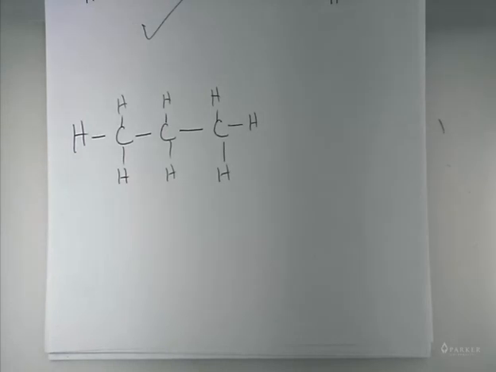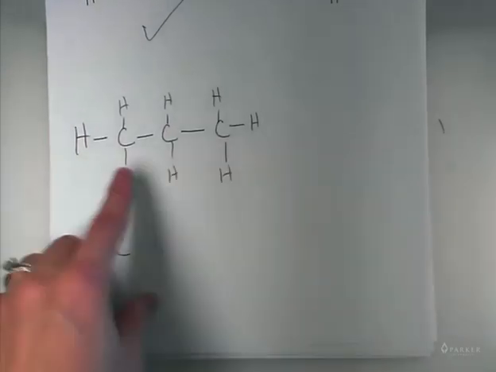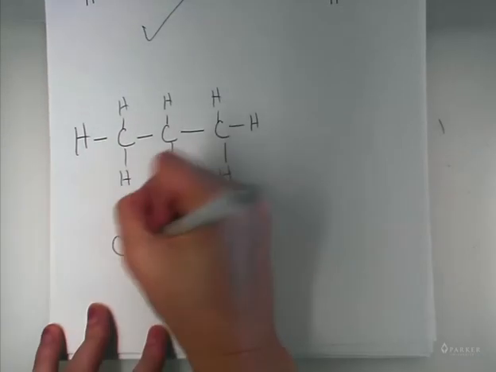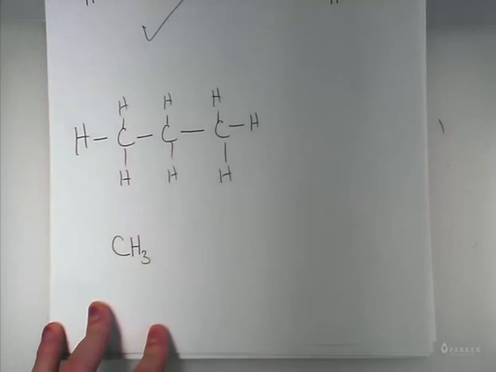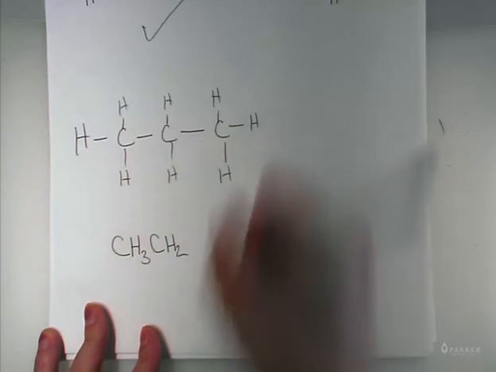So one way to change this, we can do what's called the condensed formula. The condensed formula is whenever I have, for example, carbon. How many hydrogens on that carbon? 3. So I would say CH3. Then the next carbon has how many? 2, so CH2.